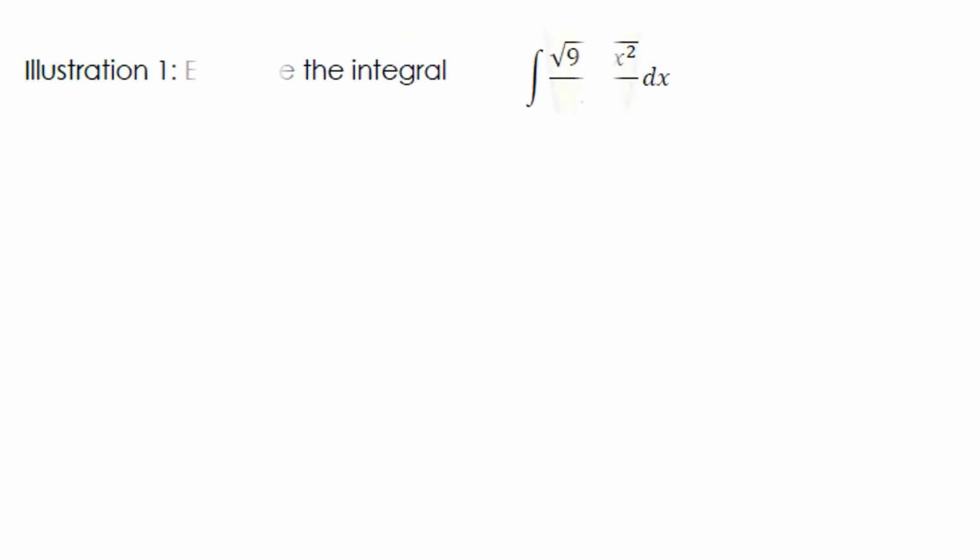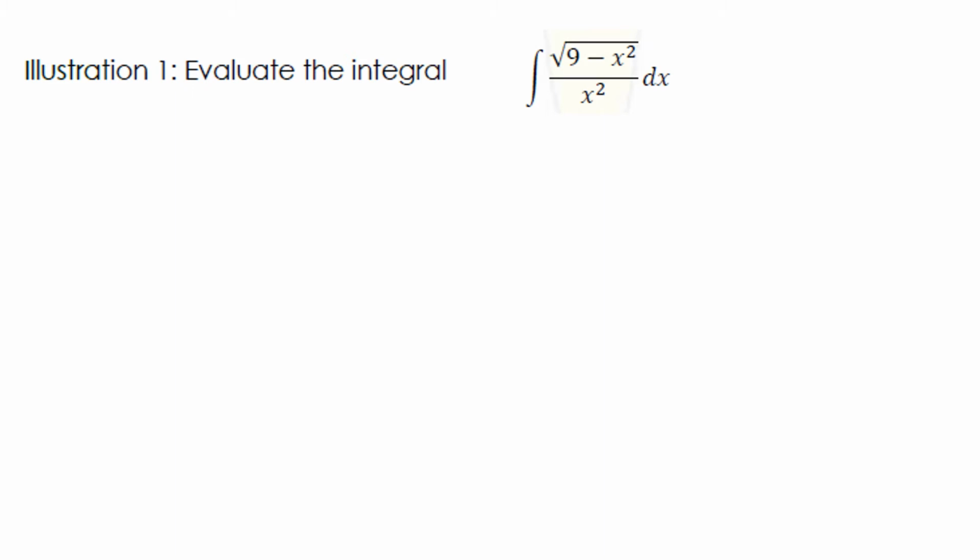Let us evaluate the integral of the square root of 9 minus x squared all over x squared dx. This integrand shows a difference of two squares, a constant minus a variable. This function cannot be readily integrated by using the earlier formulas that were introduced.